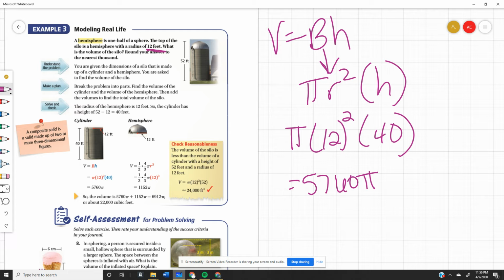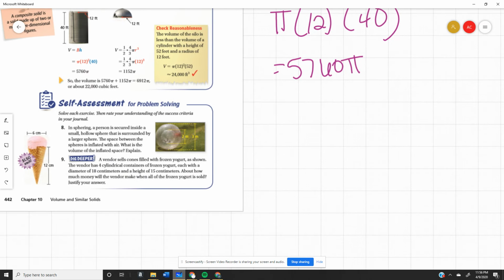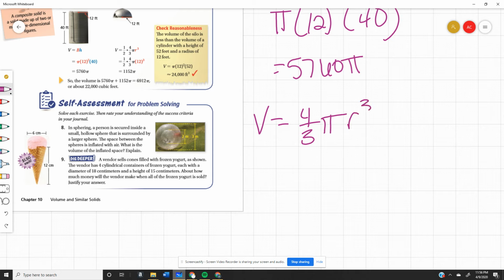Now we need to find the volume of our hemisphere. Hemi means half, so it's half of a sphere. So we're going to use our volume for a sphere and divide it by 2. So volume equals 4/3 pi r cubed divided by 2.